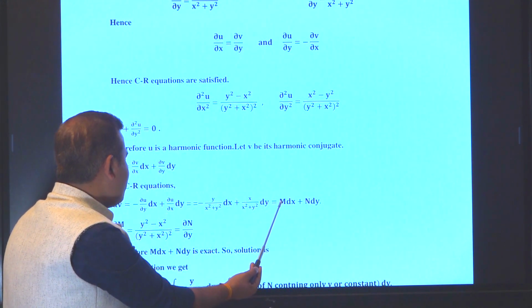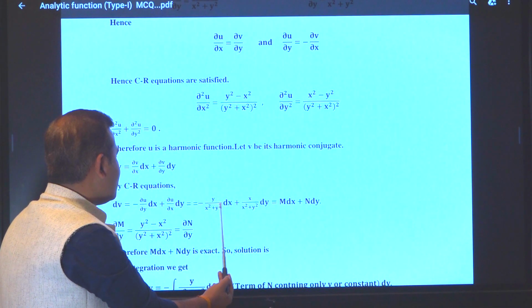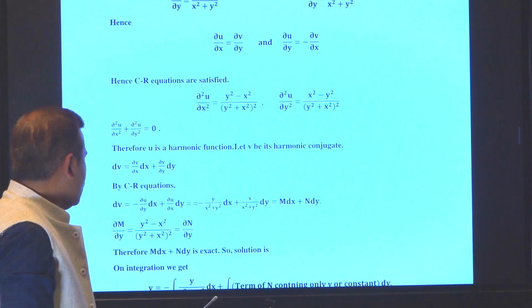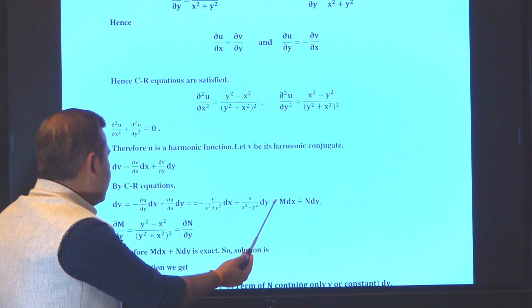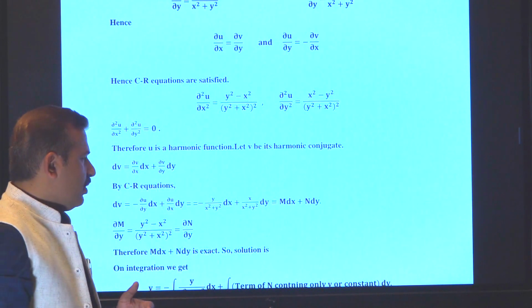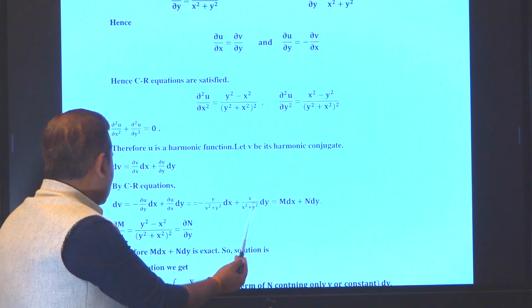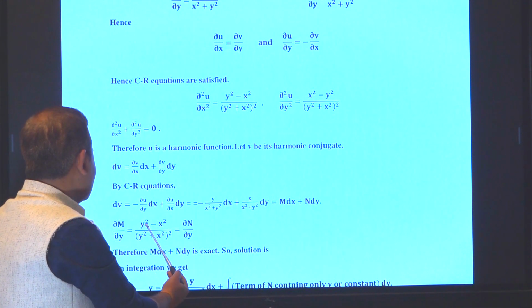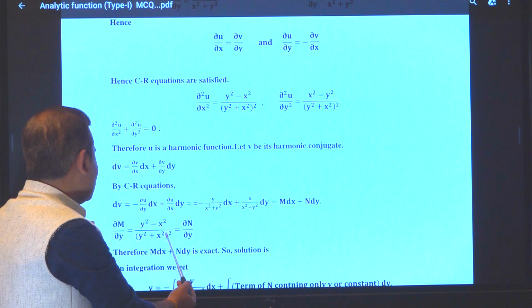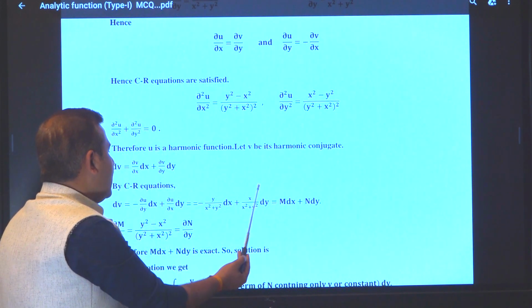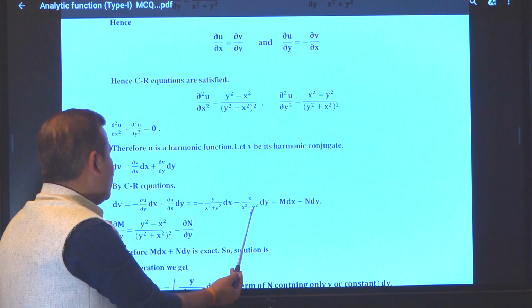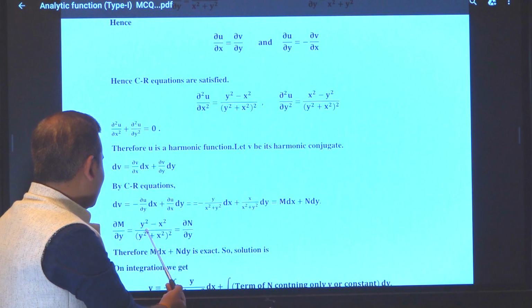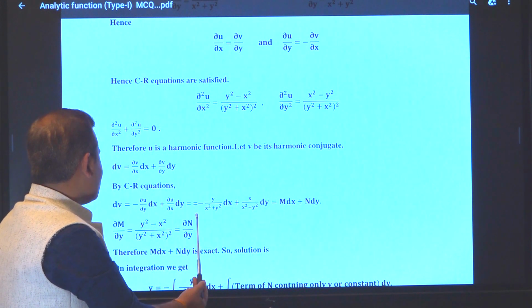So what is M? M is −y divided by x² + y², and what is N? N is x divided by x² + y². Again, ∂M/∂y becomes (y² − x²) divided by (x² + y²) whole squared, and ∂N/∂x becomes again the same, (y² − x²) divided by (x² + y²) whole squared.